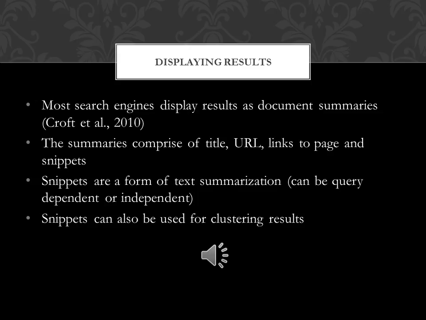Generally, the terms identical to the query are highlighted, which is an example of a query-dependent summary. Some snippets are query-independent as they use features such as text positioning in a page. This is where the page metadata is helpful, as it tells us about the headings and emphasized words.